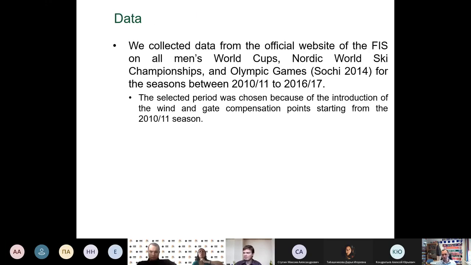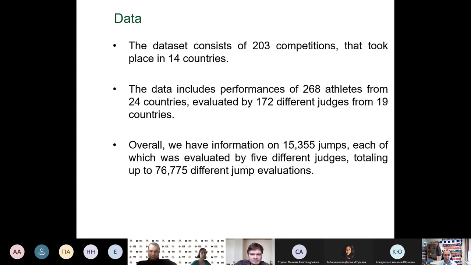Okay, so what we did with regard to data, we collected data from the official website of ski jumping, from all men's World Cups, Nordic World Ski Championships, and Olympic Games for the seasons between 2010 and 2017. I don't like to take several competitions from here and several competitions from there. I just cut the whole period of time, and everything that was there, I take it.